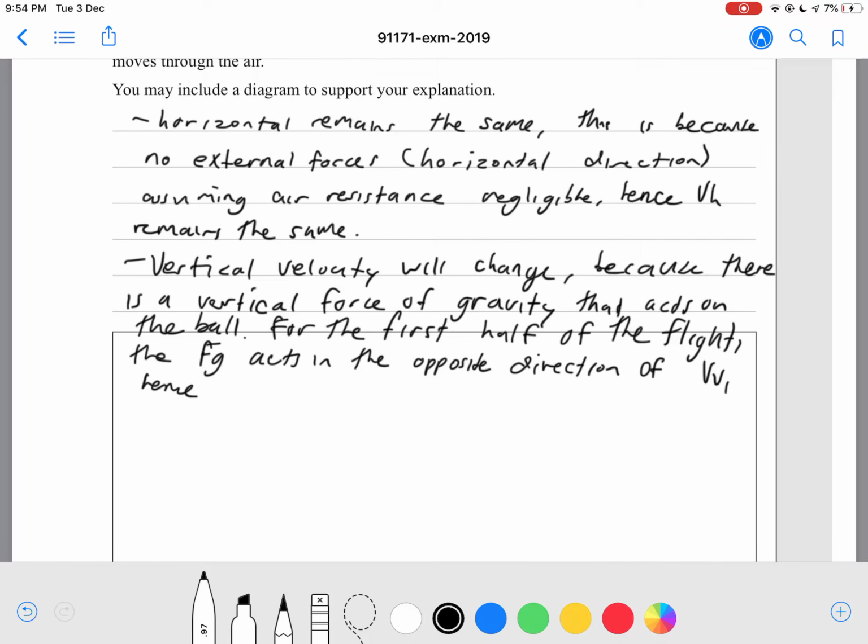Hence, the vertical velocity reduces. At max height, you can say VV equals 0 meters per second.